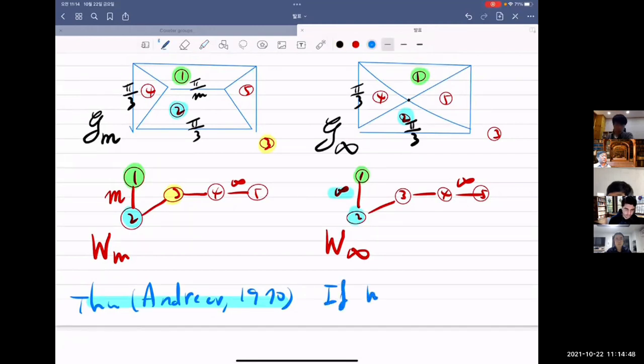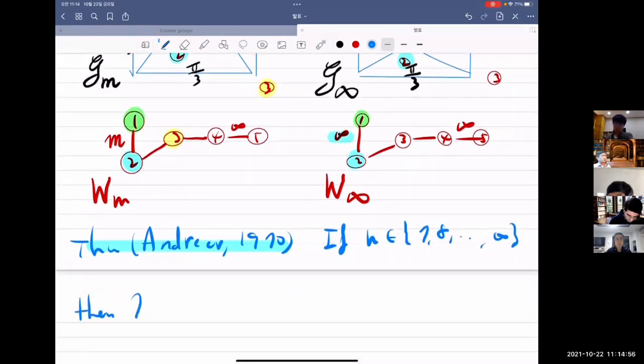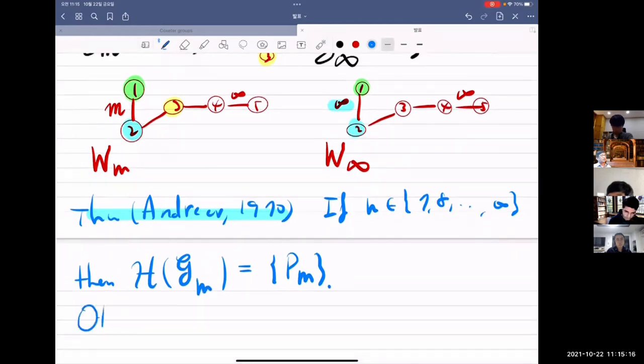If m is 7, 8, and so on, or infinity, then there exists a hyperbolic polytope P_m which realizes G_m. Otherwise, HG_m is empty.